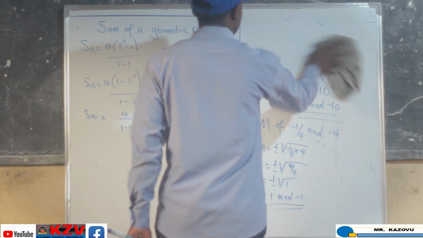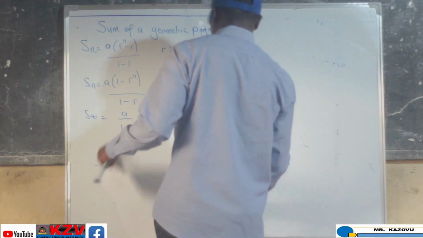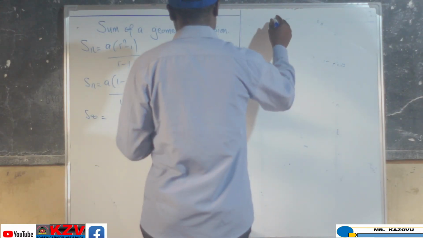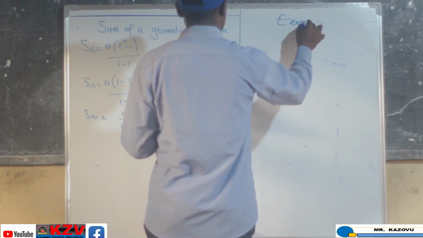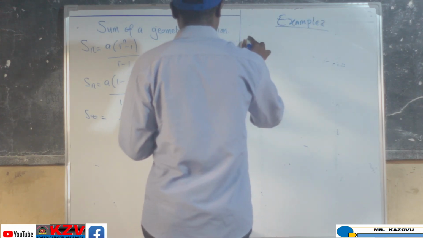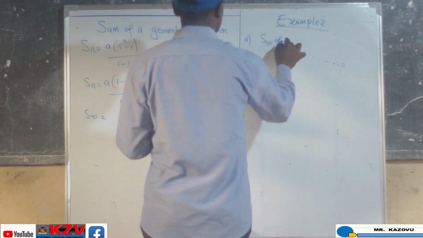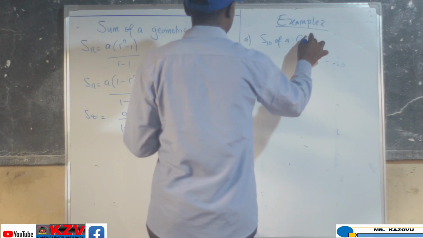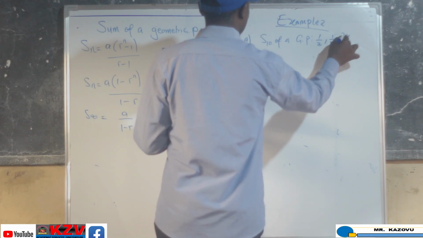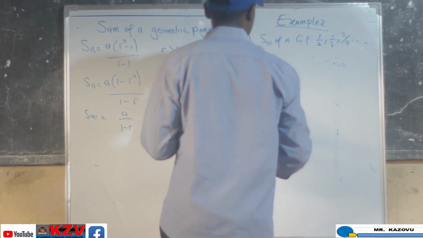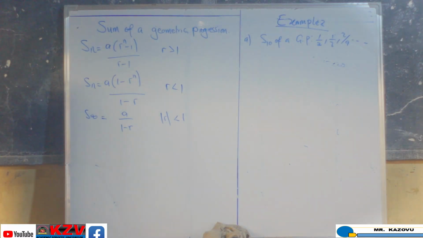Have you seen the question? Example 2a, they are saying S10 of a GP. I thought we had 1 over 9, now we have 2 over 9.